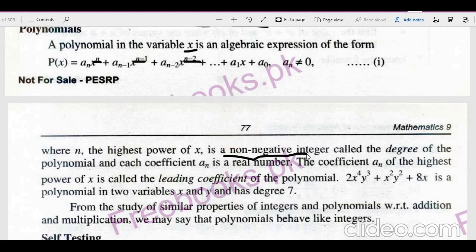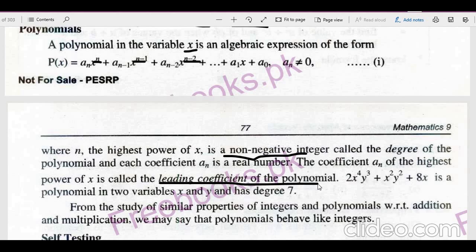The highest power is called the degree of the polynomial, and each coefficient a n is a real number. The coefficient of the highest power of x is called the leading coefficient of the polynomial.